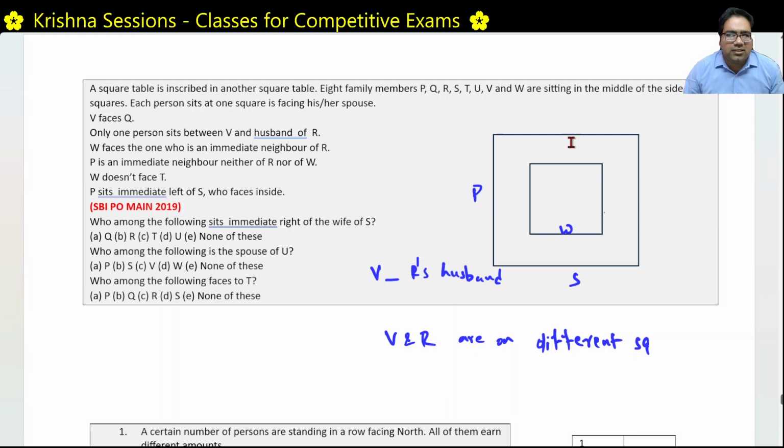If that slot is there, then V and Q have to take this slot, and R's husband will take this slot. And there is no way one person can sit between this slot and this slot. These are adjacent to each other. So clearly, R cannot be in the outside square. This much is clear, right?